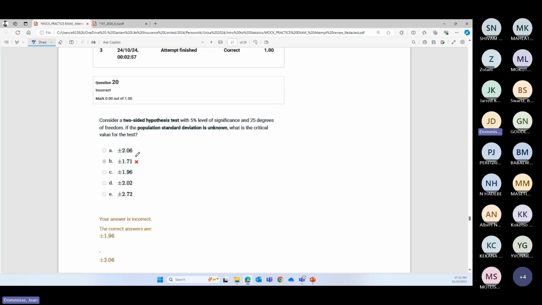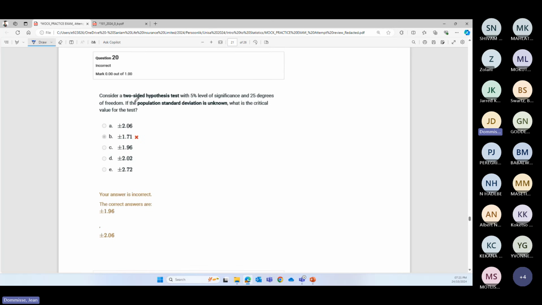So here again, let's look at this one. It was, I think, slightly different in the other one. So consider a two-sided hypothesis test with a 5% level of significance and 25 degrees of freedom.